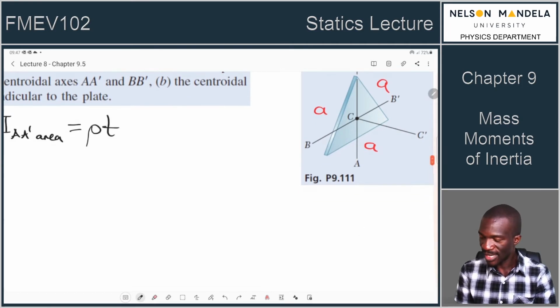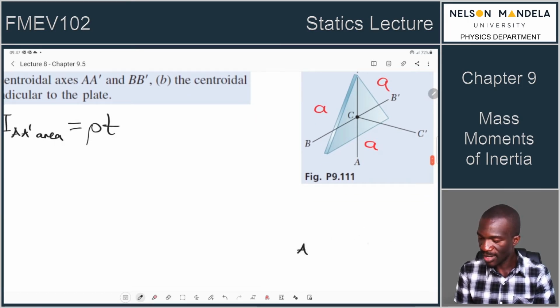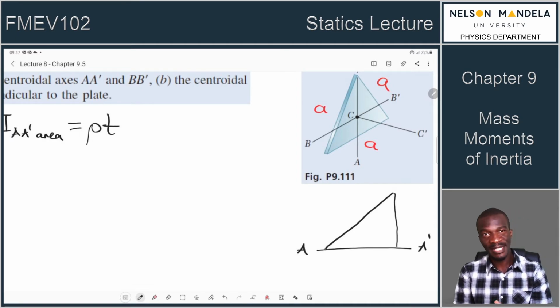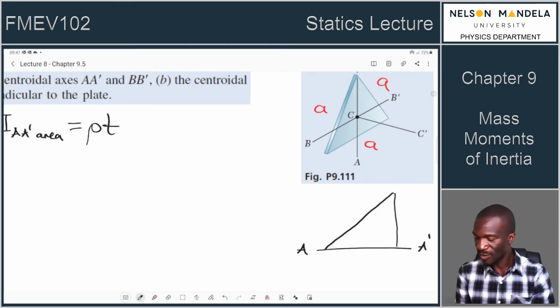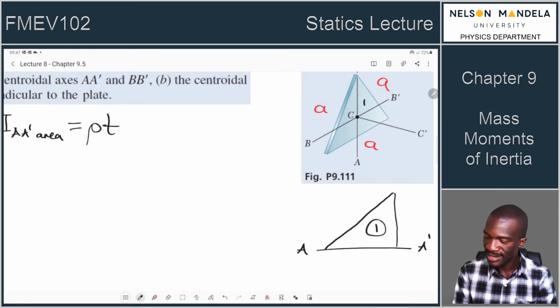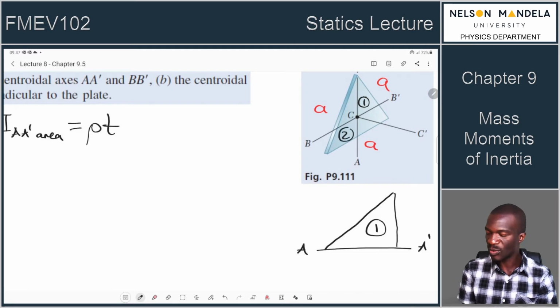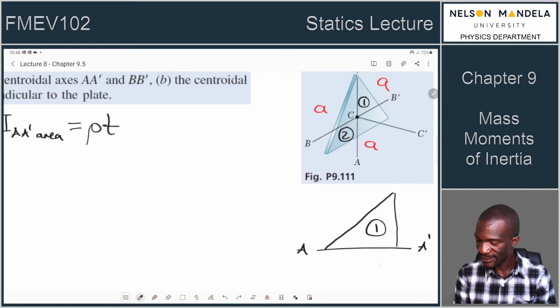If we are to draw our AA prime axis, let's say horizontally, we could have one part of the triangle forming a normal axis that looks like what we have in our tables, right? So we actually have this base axis. So this is one of the triangles. Let's say it's this one, then this would be the second one, which means all we need is twice whatever area moment that we get about the base. So this is our new base.